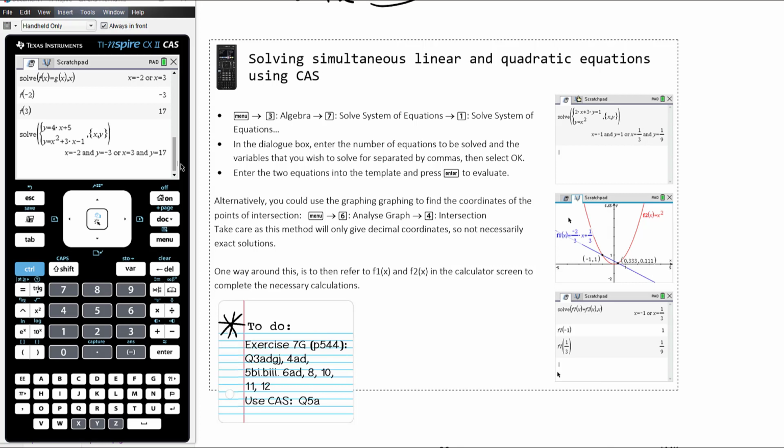So I don't want you to get too bogged down in the CAS. In fact, in the work I've differentiated, I want you to do most of it by hand, and then you can do question 5A using your CAS, playing around with what's going to be the most efficient method to solve the simultaneous equations in that instance. Okay, so exercise 7G.